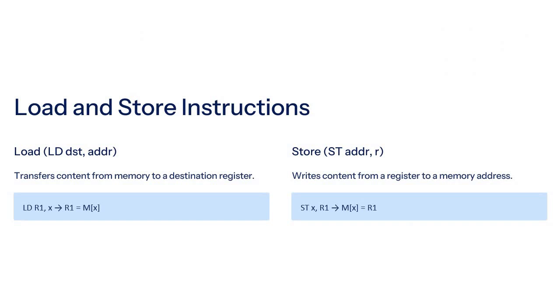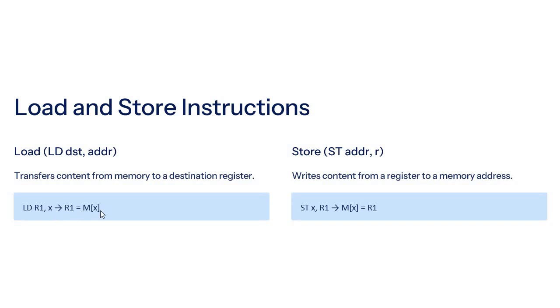In this model, load and store instructions are central to moving data in and out of the memory. Let me show you how a load instruction like load R1, x works: R1 = M[x]. So it loads the value at memory address x into register R1.